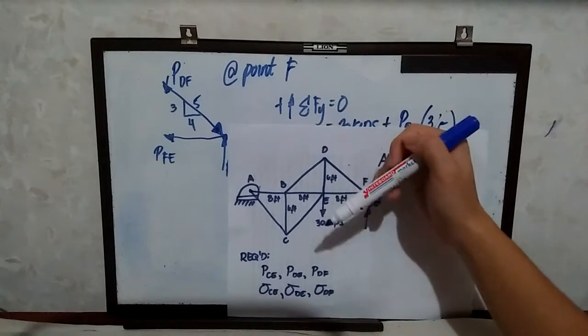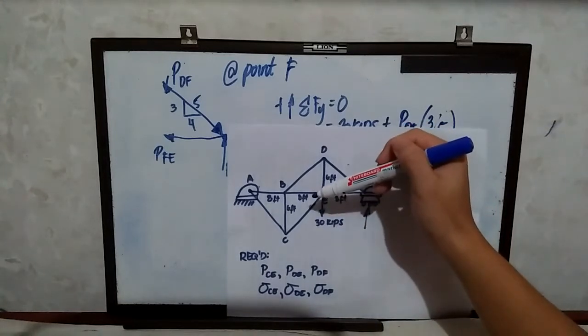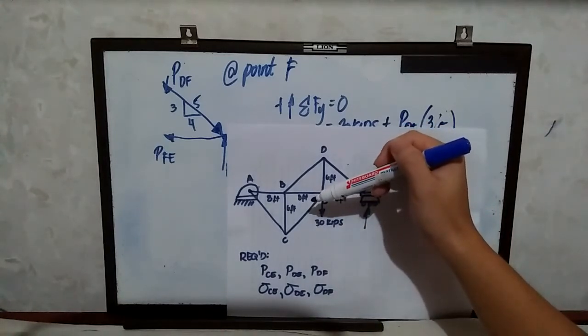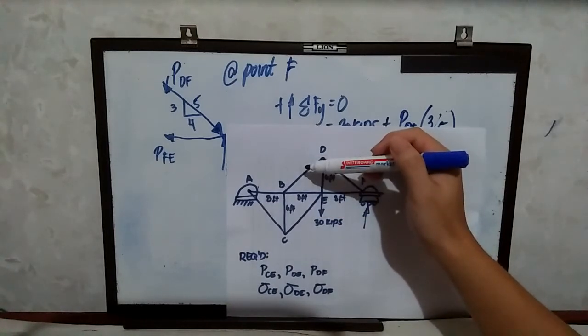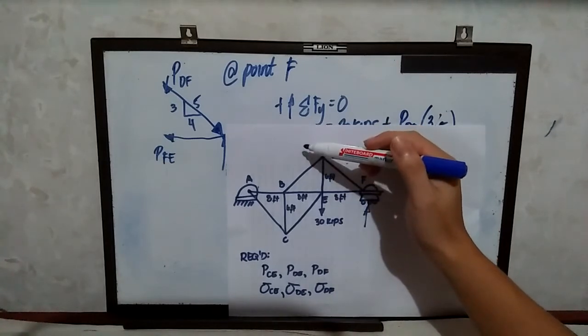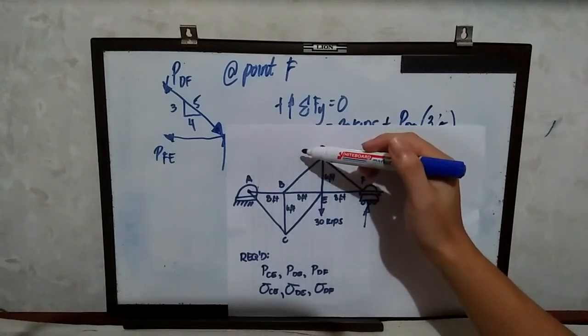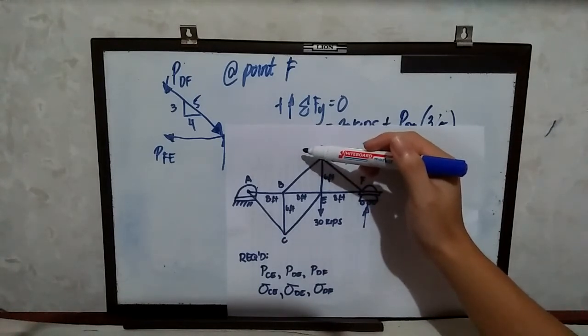To solve for member CE, we need to use the method of sections. With the method of sections, we must cut the truss through approximately 3 members only, because if we cut 4 members, that would exceed the available equations needed to solve a determinate problem.